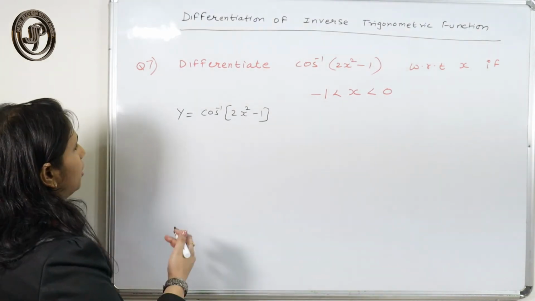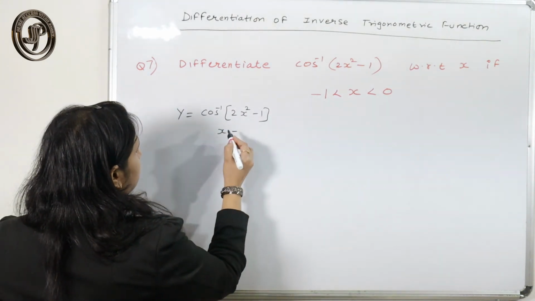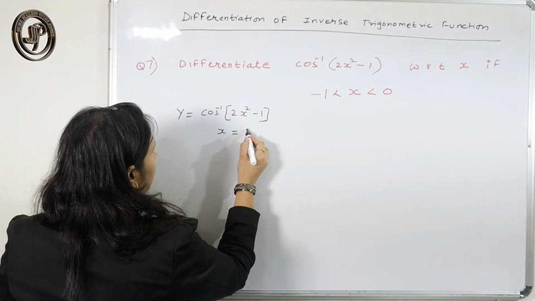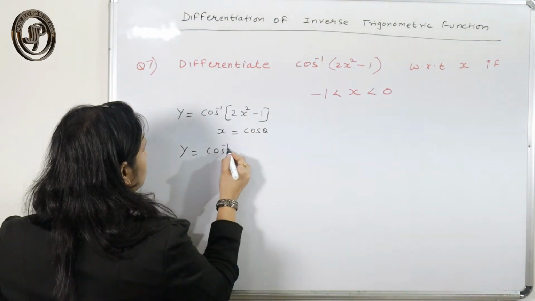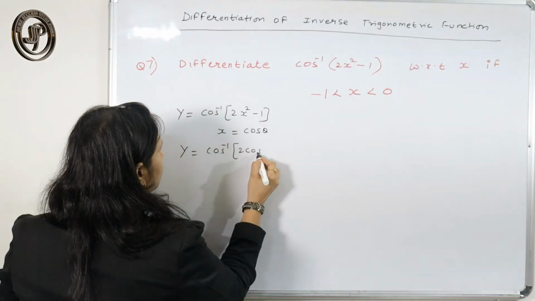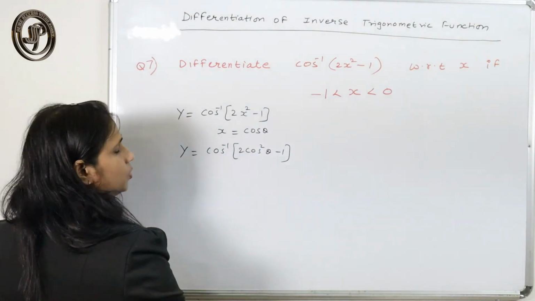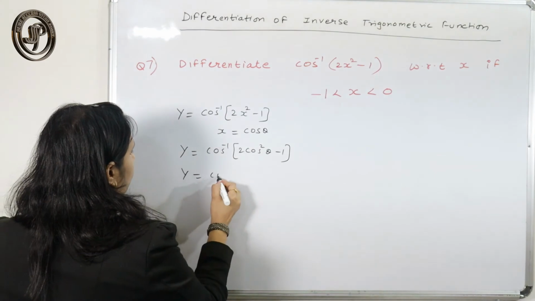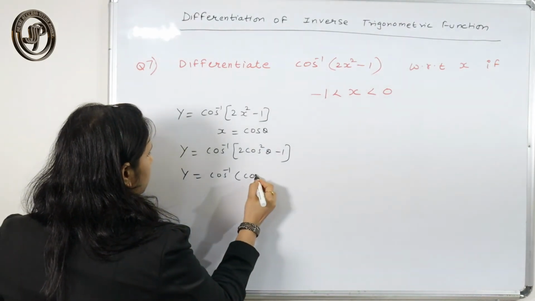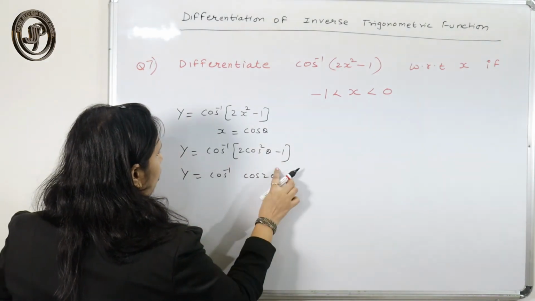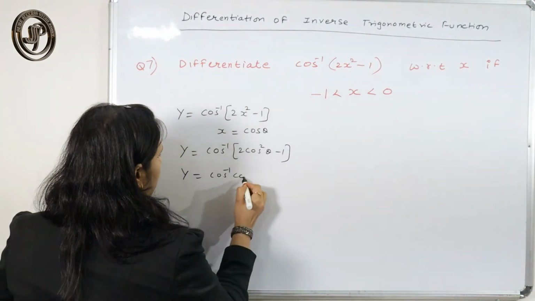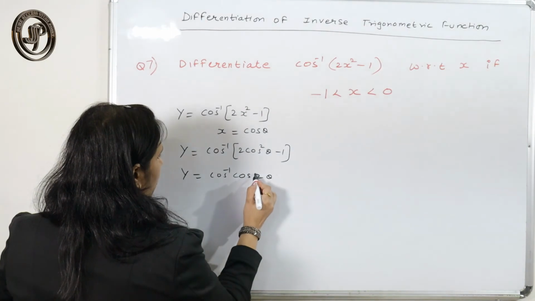Here it is clearly seen that if we put x as cos theta, then we get cos inverse of 2 cos square theta minus 1. So I got what? Here it is cos 2 theta, right? I can write this as cos 2 theta.